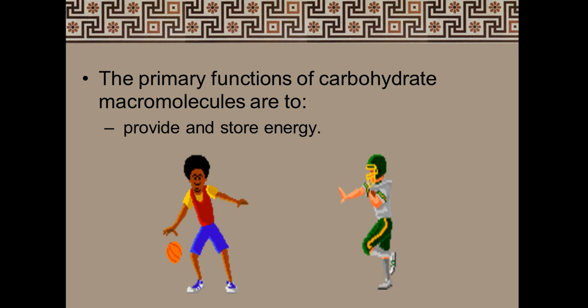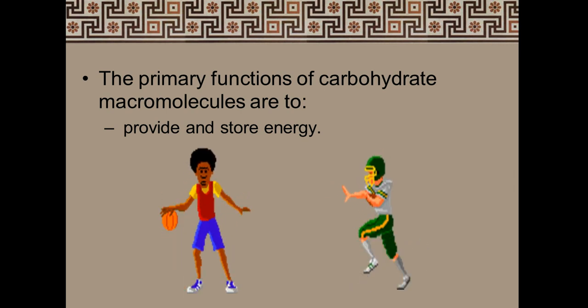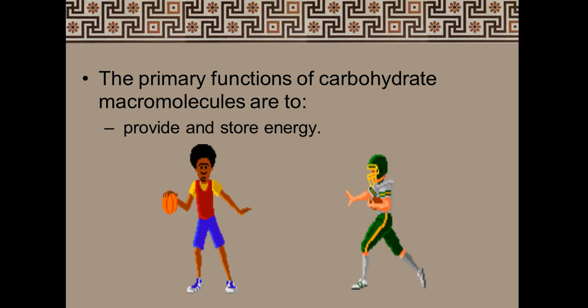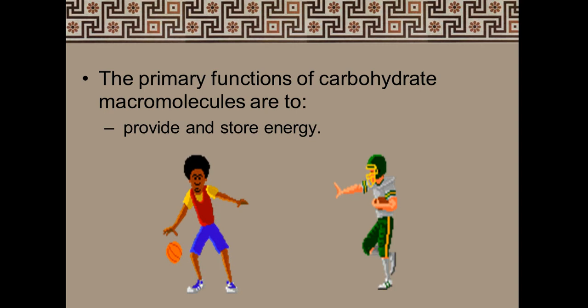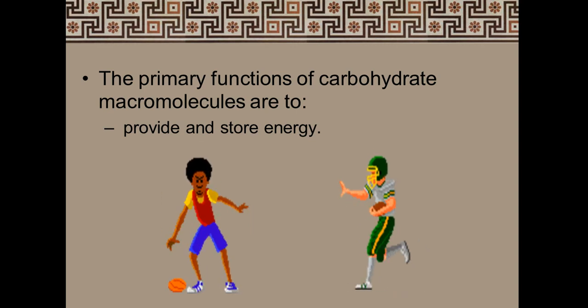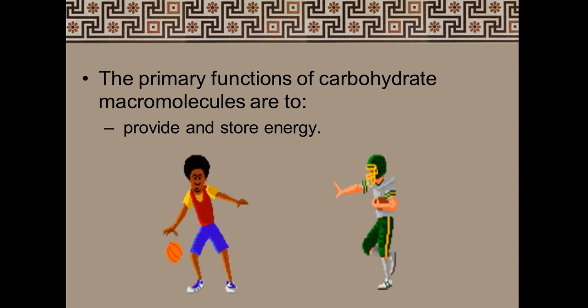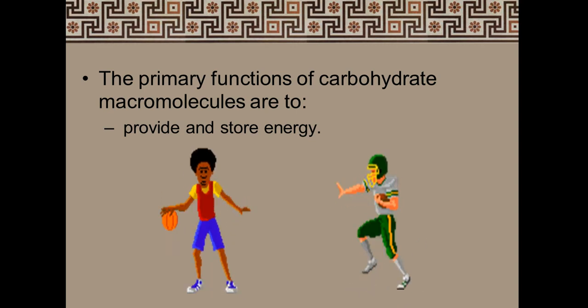The primary function of a carbohydrate molecule is to provide energy. Sometimes it will store energy, but I want you guys to know that the primary function is a quick source of energy for us. It provides energy for our bodies or for the cell.